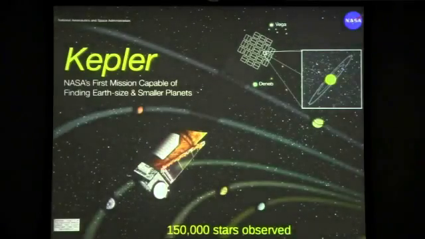The Kepler satellite, which was a NASA mission launched in 2008, was designed specifically with the purpose of detecting planets around other stars using the transit technique. And Kepler observed about 150,000 stars and has already detected more than 1,000 planets around other stars.